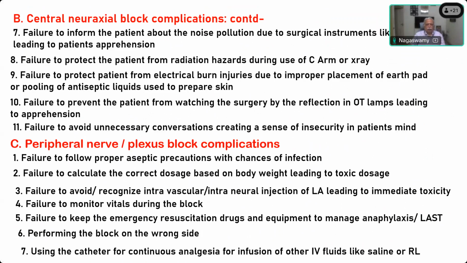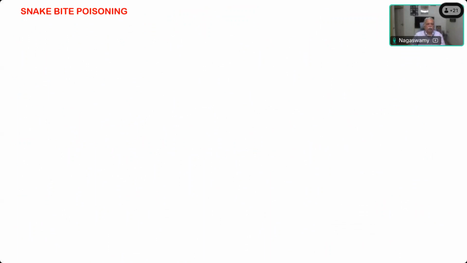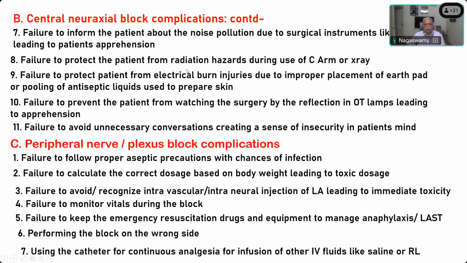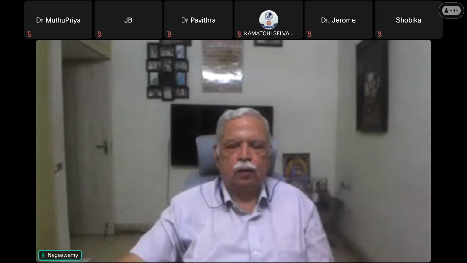So specifically we write on the plaster, do not connect IV drips to this. So we specifically make a note to avoid the complication. So I think these are all the iatrogenic complications which I can think of, which commonly happen. And if you classify them like this and try to answer, I think that will make a good presentation.